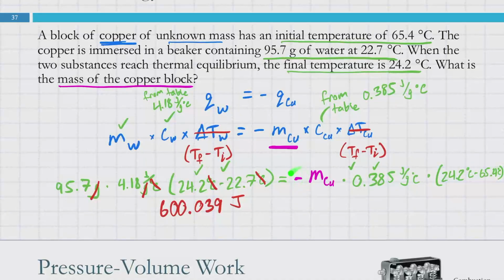That negative we can use to cancel out this negative. So I'm going to rewrite this as mass copper times the number that we got, which is 15.862. The units that cancel are going to be the degrees Celsius, so this will have units of joules per gram.